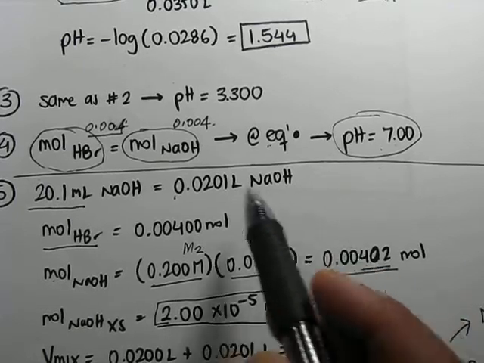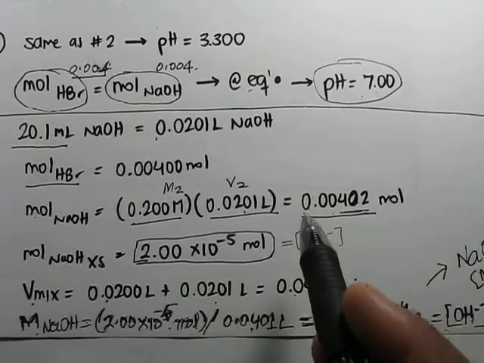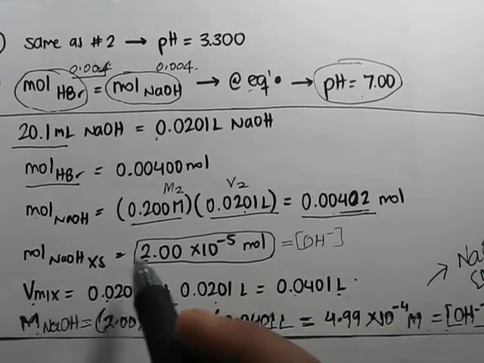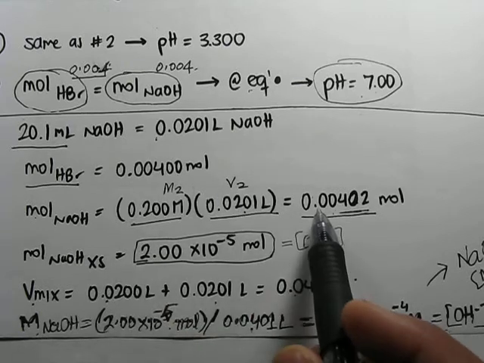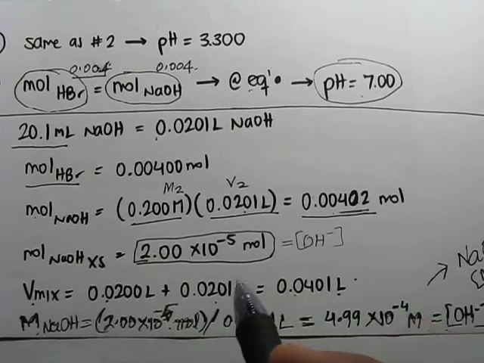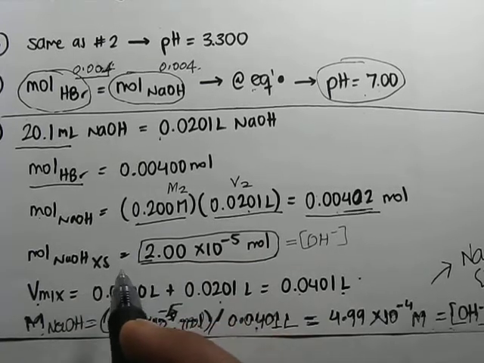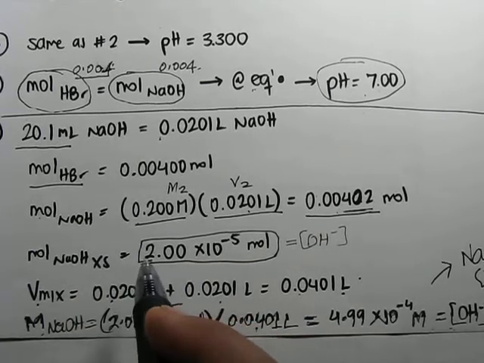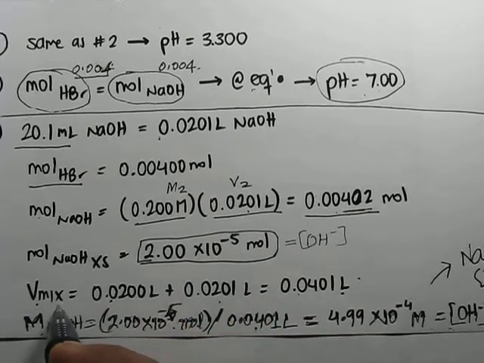So here we have excess NaOH, so we have to subtract to find how many moles of excess there are. So moles of NaOH minus moles of HBr. Once we find the excess moles, which is 2 times 10 raised to minus 5 moles, what is the volume mix?